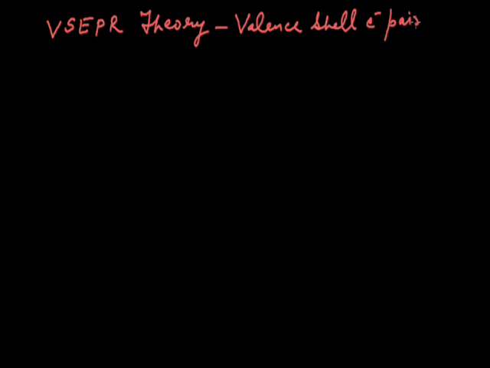Yes. Now the next topic is valence shell electron pair repulsion theory, also known as VSEPR theory. In this theory, we will be studying the shape of the covalent molecule.